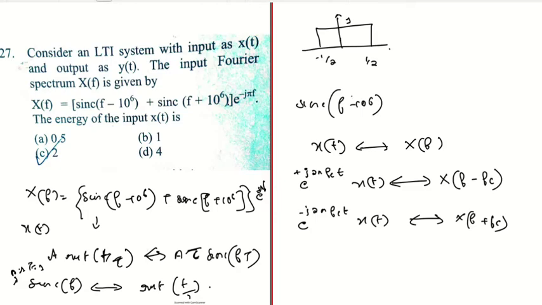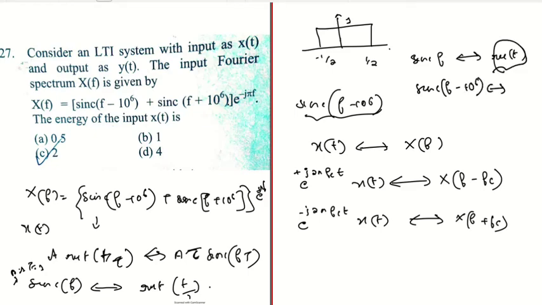And now here we have sinc(f − 10^6). Actually sinc(f) has the inverse Fourier transform rect(t). So to get sinc(f − 10^6), this rectangle should be multiplied by e^(j2π·10^6 t), in place of f_c being 10^6.